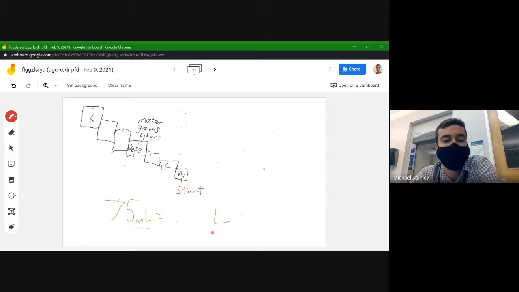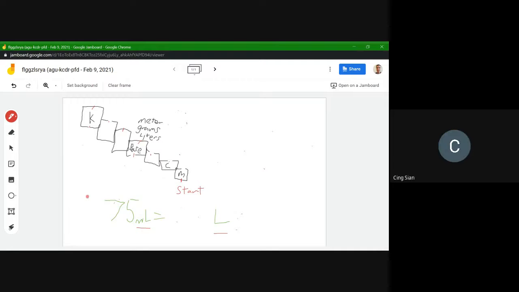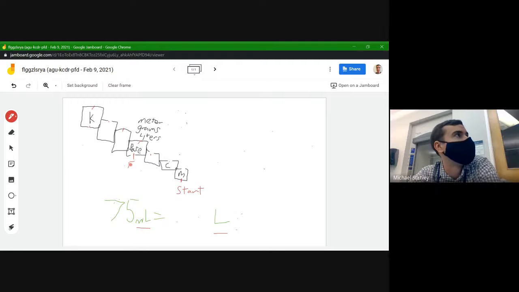And then what about our ending point? What is our final product going to be? In the base. Yeah, Andrea's got it, the base. So I'm just going to write E for end. Liters is one of our base units, so if we're ending with liters, our ending spot is going to be our base.